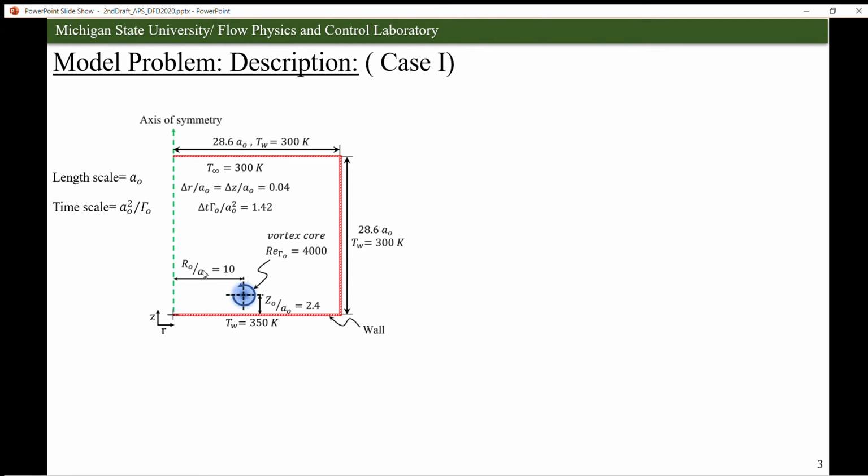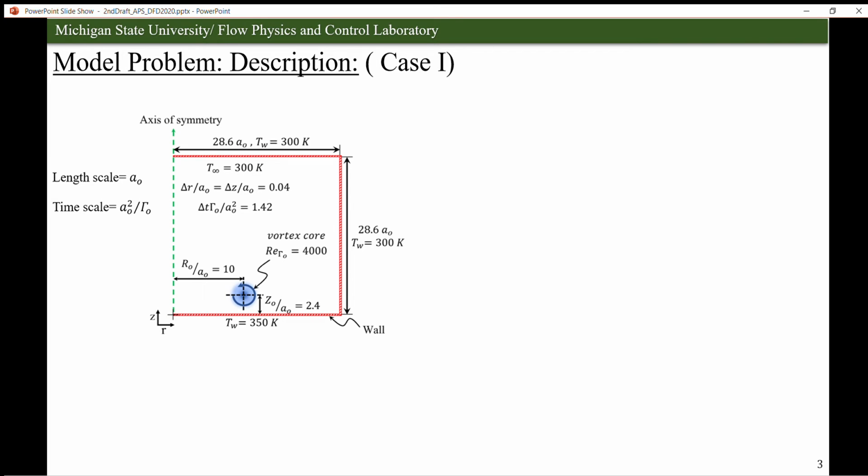Here, sigma denotes the core radius of the vortex ring, Gamma naught is the circulation, and R naught and Z naught are the coordinates of the initial location of the vortex.